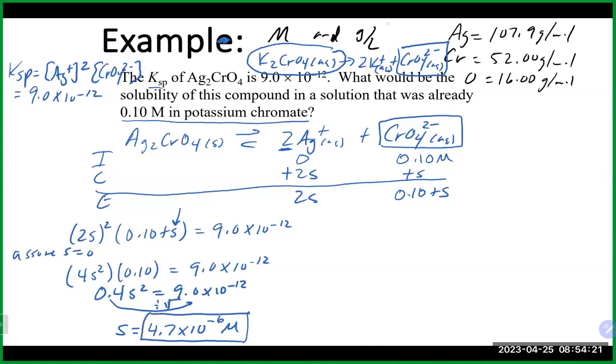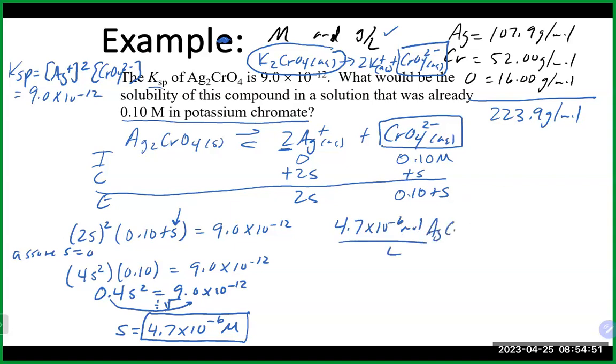The other answer, since we're also looking for grams per liter, we'll use our molar mass from the periodic table here to calculate that. So 107.9 plus a 52 for the chromium. And we actually have 4 oxygens, so 4 times 16 gives us a molar mass of 223.9 grams per mole. So taking our 4.7 times 10 to the minus 6 moles per liter of silver chromate.